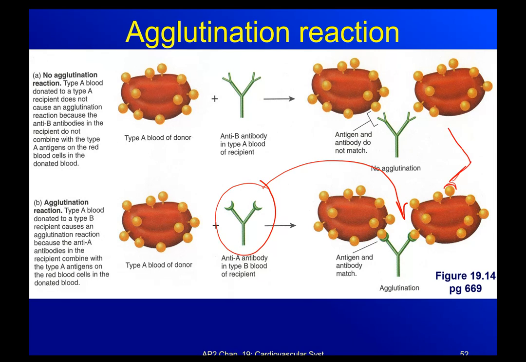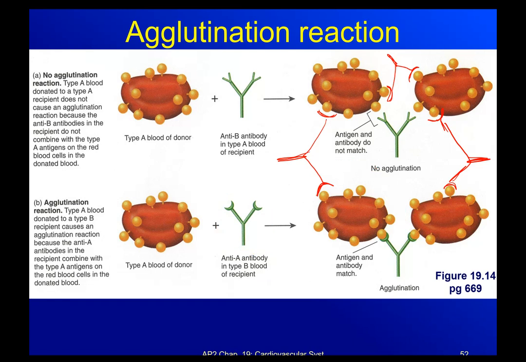So if I had another one here binding, and another one here binding, and another one over here binding, eventually you would see agglutination if you had the right antibody binding to that specific antigen. Anti-A antibodies only bind to the A antigen.